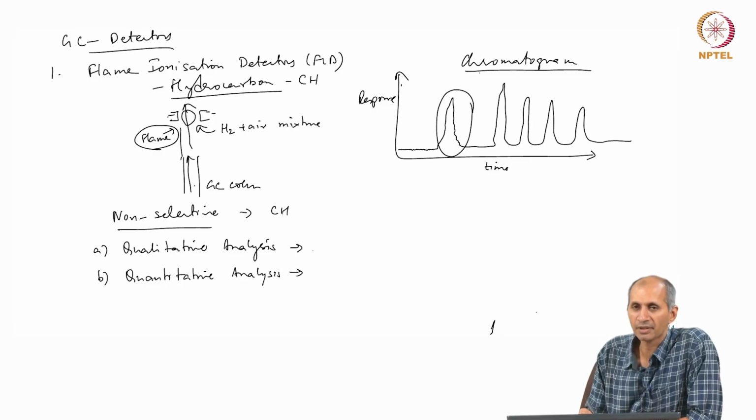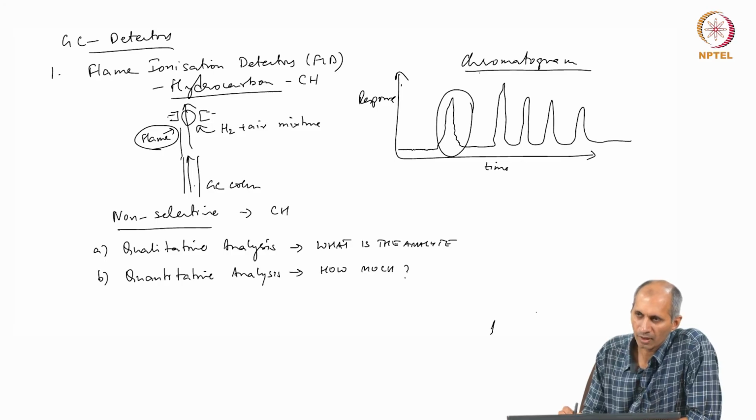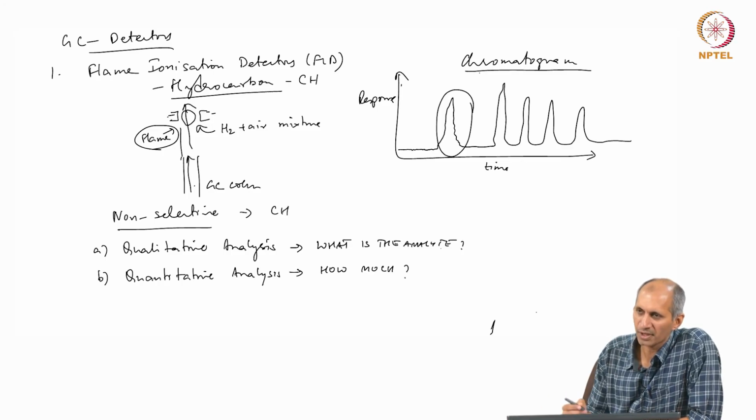Qualitative analysis answers the question, what is the analyte? And in quantitative analysis, you are asking the question, how much? What is the analyte means, what is the identity of the analyte?